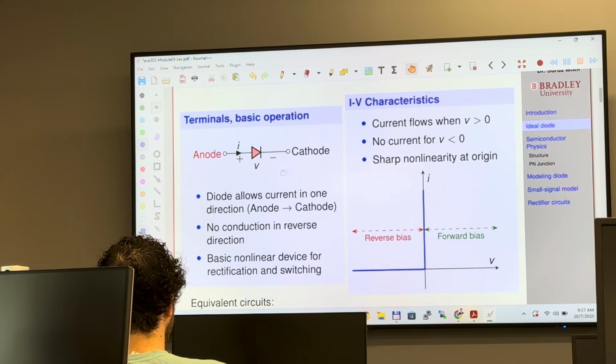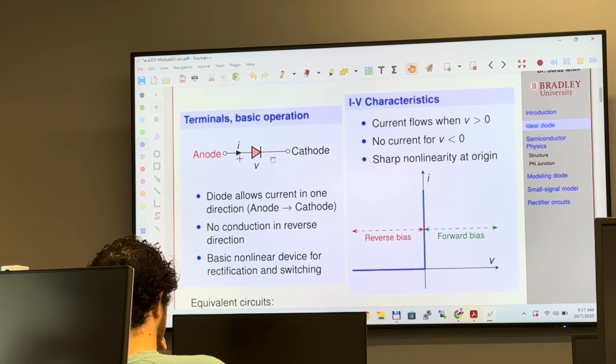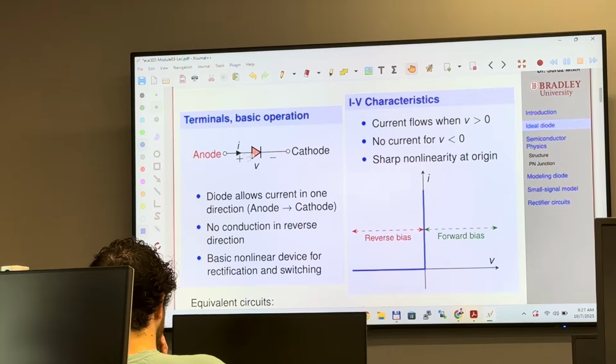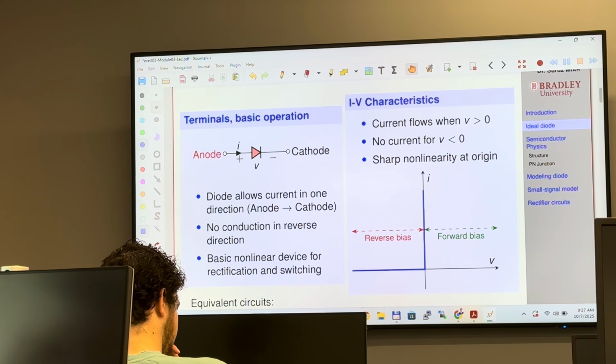The current flowing through this diode is denoted with I, and the voltage across the diode is denoted with V. Of course, as I said, the voltage-current relationship is going to be nonlinear for an actual diode. Now, what is the ultimate goal of the diode?